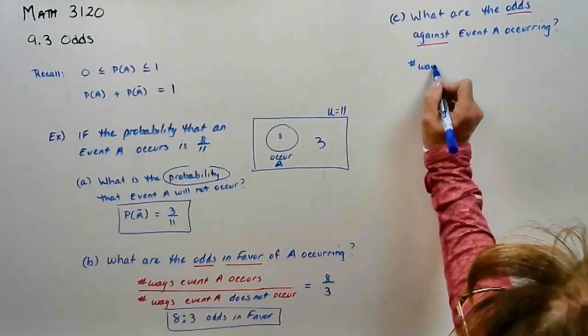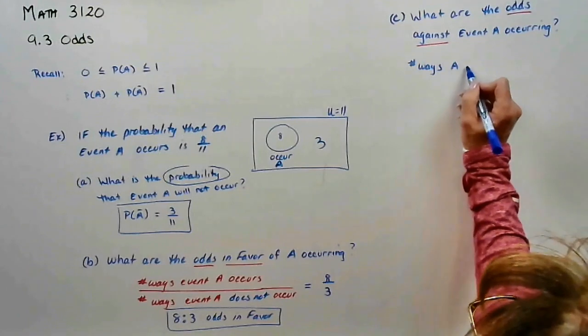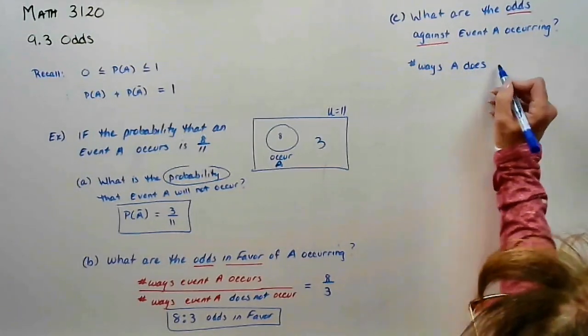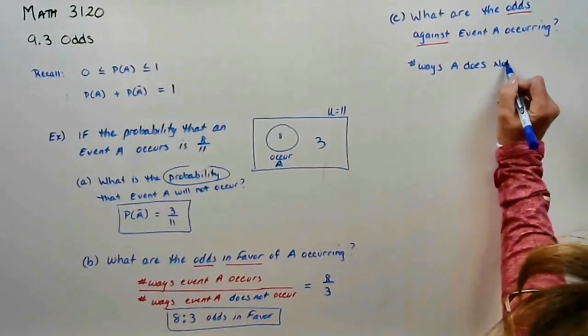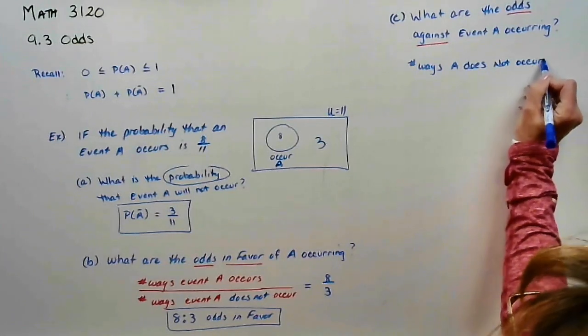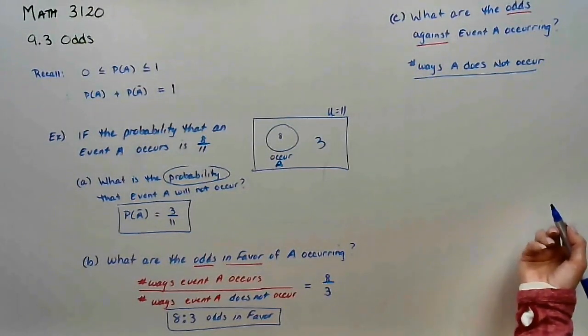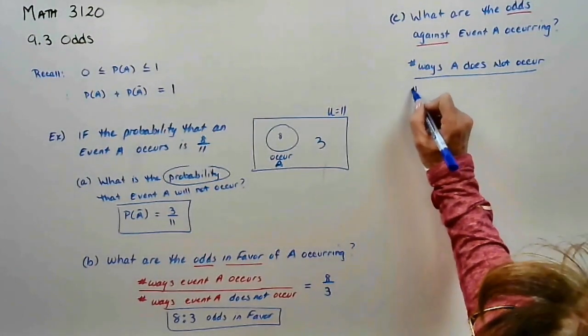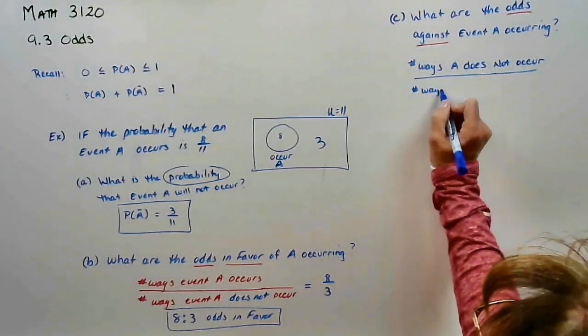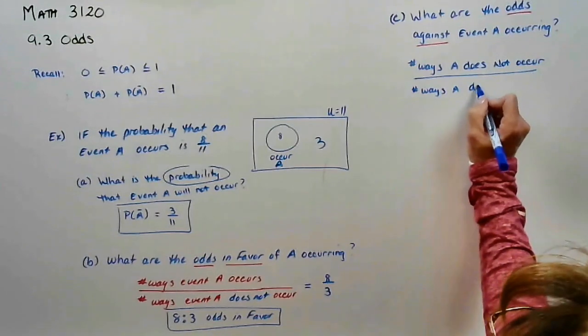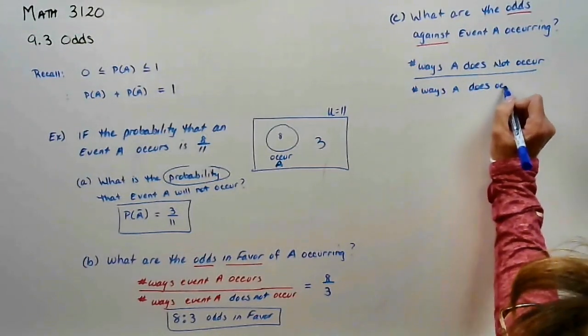The number of ways A does not occur, because it's against. Now it's not probability, so we don't want the total number. We want the number of ways A does occur.